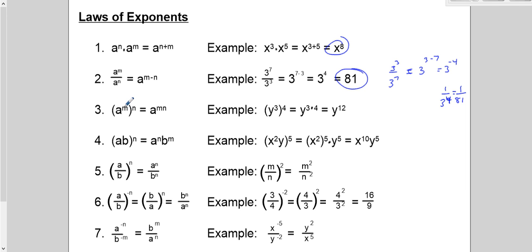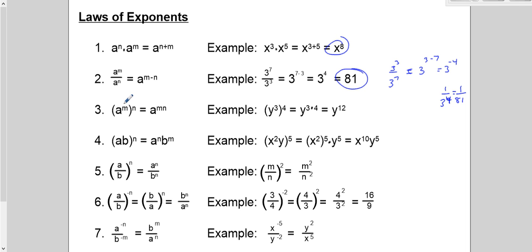Law number 3, power of a power. If I have some number with an exponent and then raised to another exponent, think about distribution. I am taking this n and it's going to be distributed into anything that's inside here. When you distribute, what do you do? You multiply.